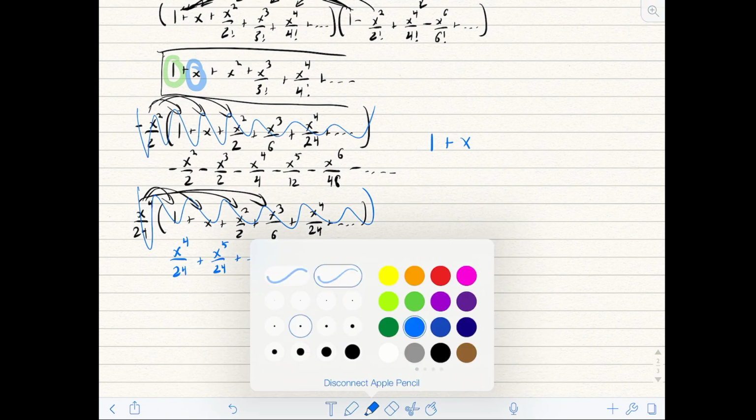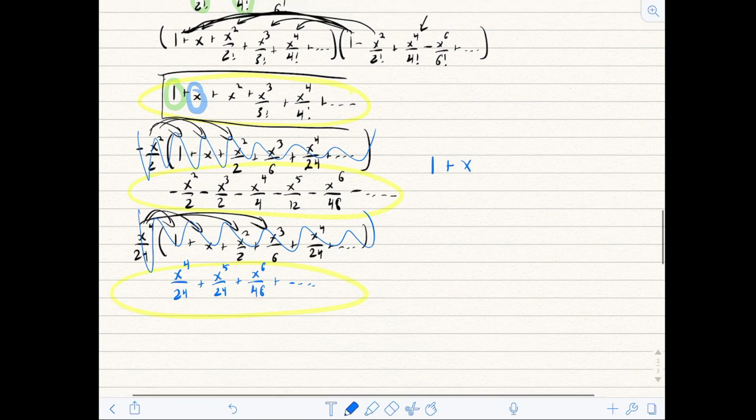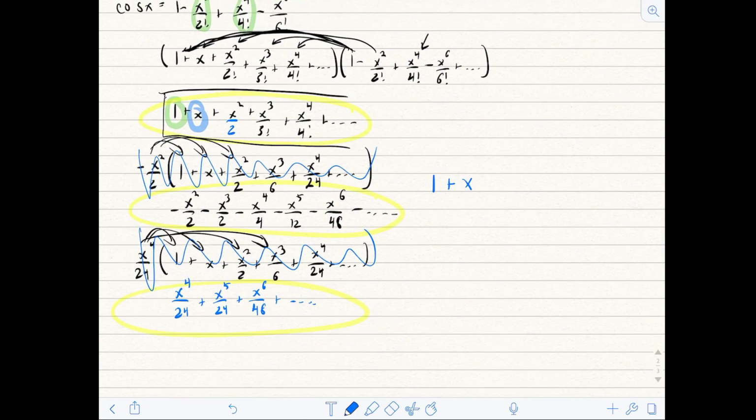I'm only focusing on this right here, and this right here, and I'm putting those things together. Oh, I also forgot the over 2 right here. So it looks like I have an x squared over 2 and a negative x squared over 2. No x squareds on the bottom, but those two actually cancel, so that term actually goes away. So that's what I was kind of referring to.